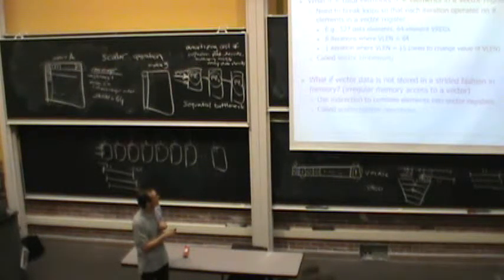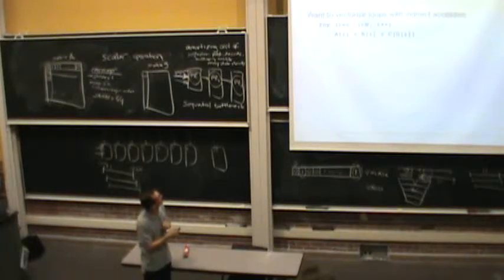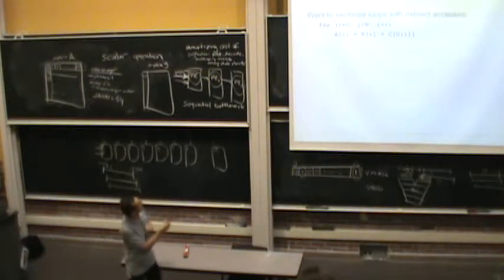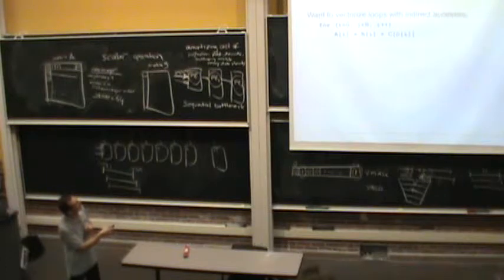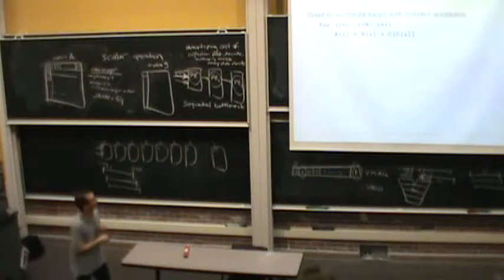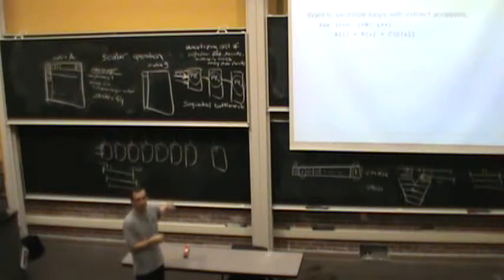These are called scatter-gather operations, so let's see what they are. Let's say you want to vectorize a loop like this with an indirect access. Here, your address is not simply a function of your loop index, but really a function of an indirect array. And this is how you can store a sparse matrix.